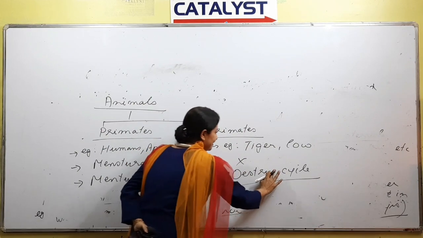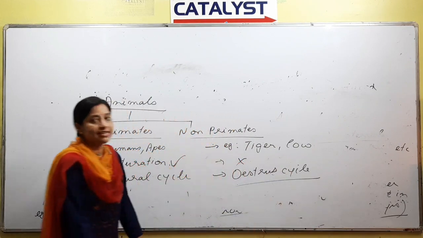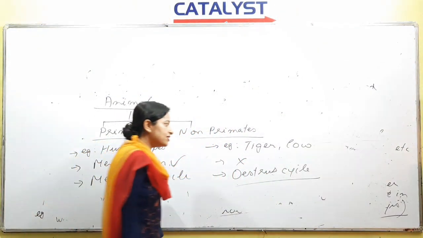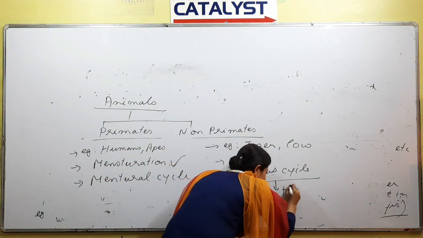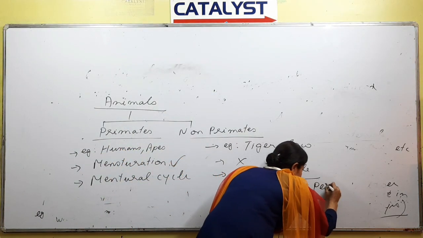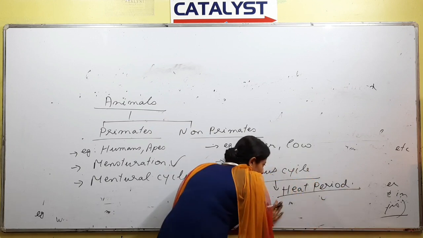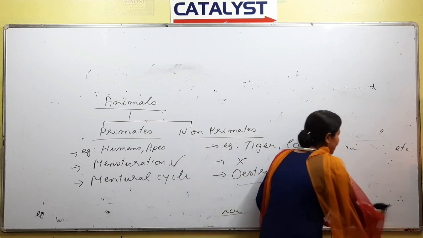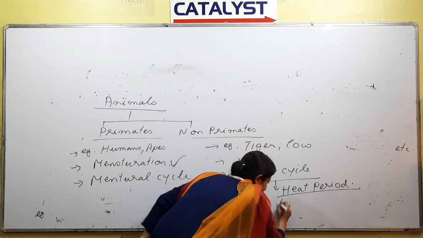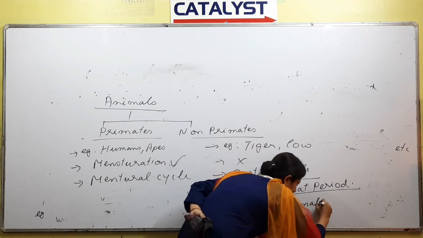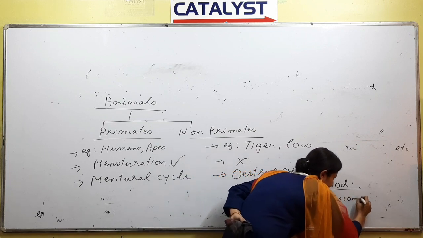So in case of non-primates, what we see is the oestrous cycle. The oestrous cycle is also called the heat period, and within this period the females become receptive.